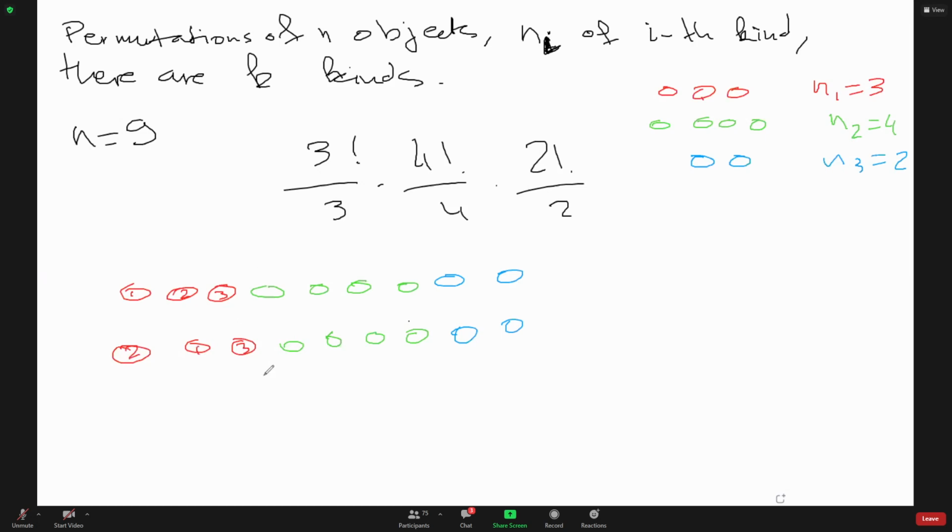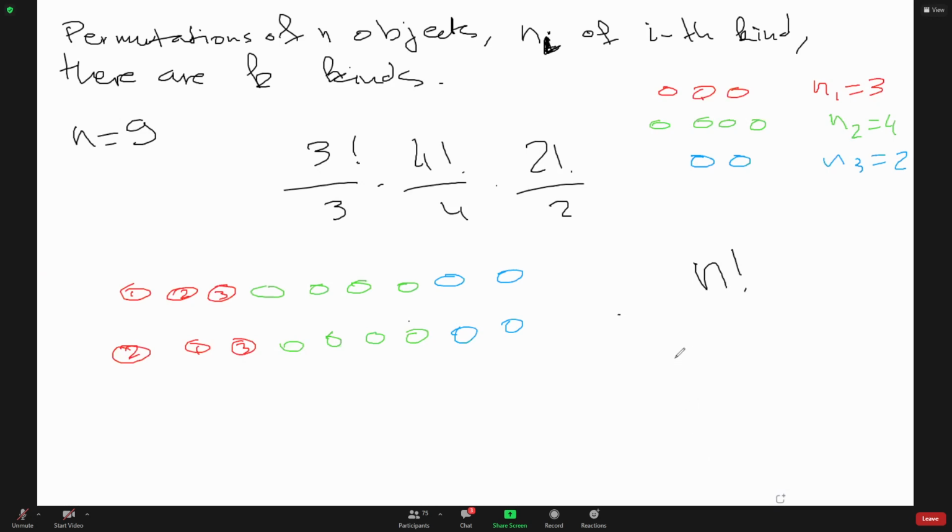So these 2 permutations in our setting are the same because we cannot distinguish. Yes. But if we could distinguish, how many permutations would we have? If all of the balls were distinguishable, how many permutations would we have? 9 factorial. 9 factorial, right? Right.